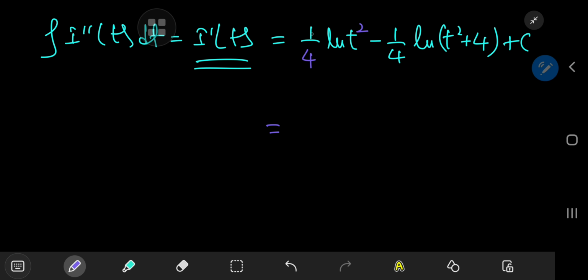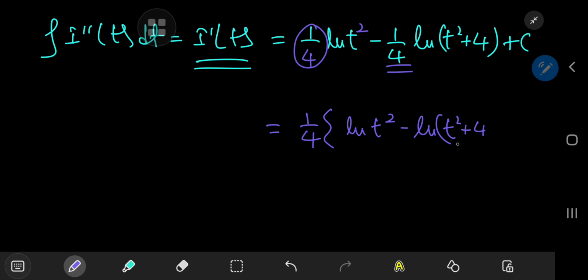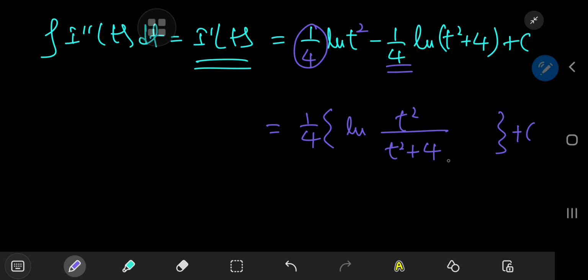And using the properties of the logarithm, after factoring out a 1 by 4 term here, we have log t squared minus log of t squared plus 4, right? So again, using the properties of the logarithm, I can just write this as a combined logarithm of t squared divided by t squared plus 4. And now I can apply the limit without any stress whatsoever.